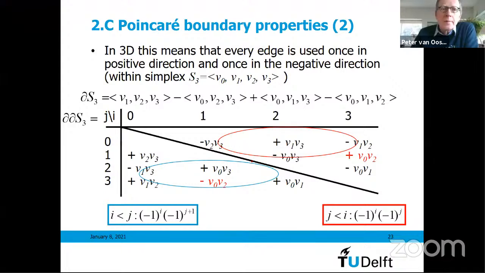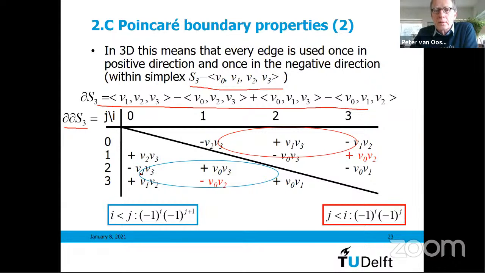It looks a bit abstract, but okay, let's have a look at this S3 simplex. And this is the boundary, so the 4 triangles. But then the boundary of the boundary are the edges or the line segments. And so these are pairs of points with a plus or a minus sign.